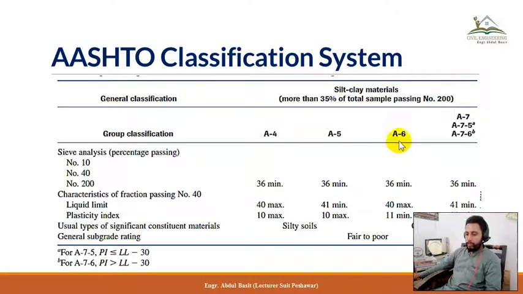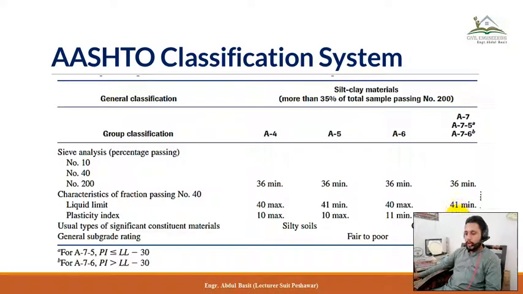Moving on, A6, A36 says 40 maximum. You cannot have any value greater than 40, and here we have 60, so we cannot use it, and this group is not satisfied.